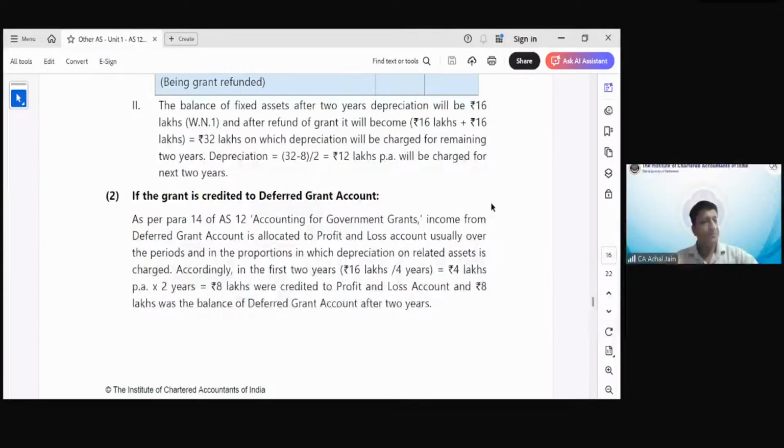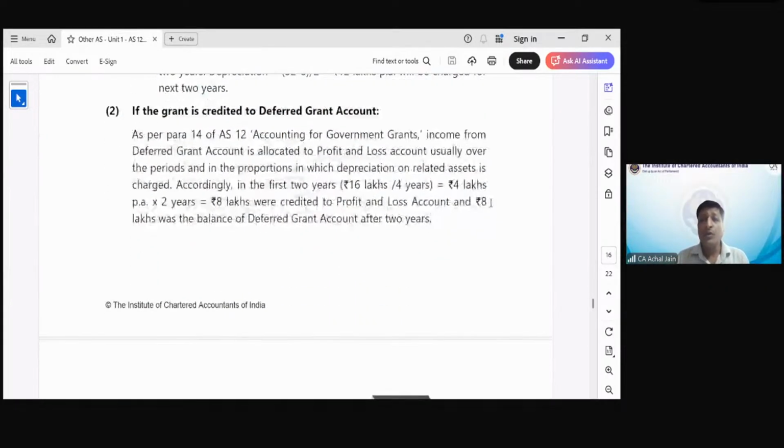So in the third year, when you refund the government grant, can you tell me the accounting entry you will pass? Who will answer this? What is the accounting entry with the amount which you will pass in the third year? Yes, Rohan, please go ahead.